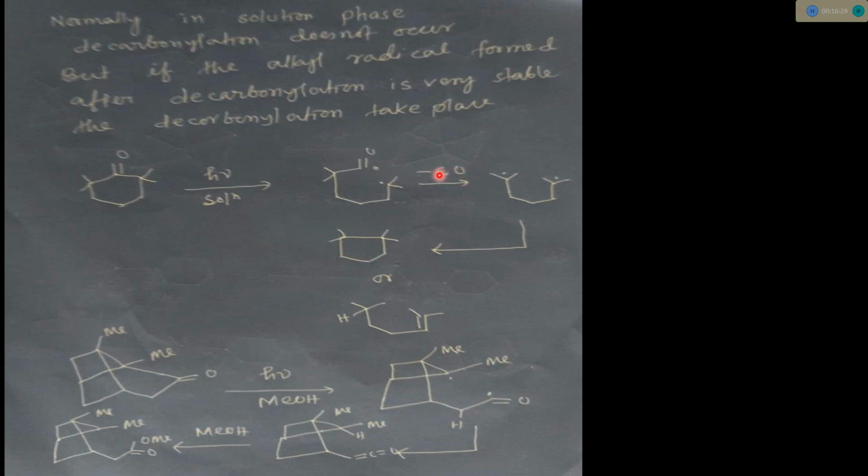So if this carbonyl group leaves as CO, carbon monoxide, then a diradical forms. Then the diradical either combines to form a cyclic molecule, or this radical abstracts one hydrogen from this side, or this radical abstracts one hydrogen from this side to form a terminal alkene like this.